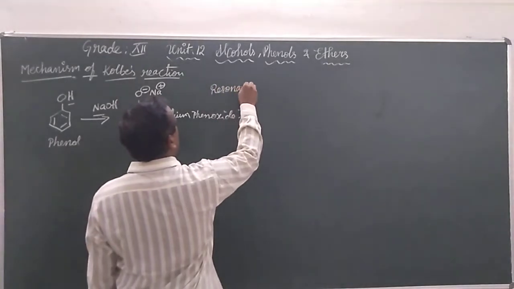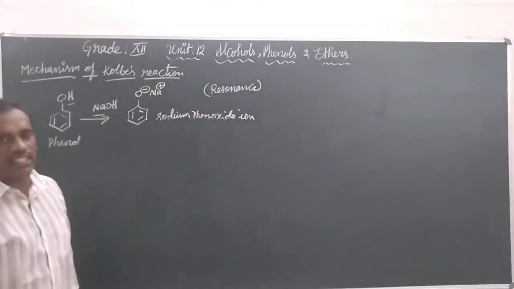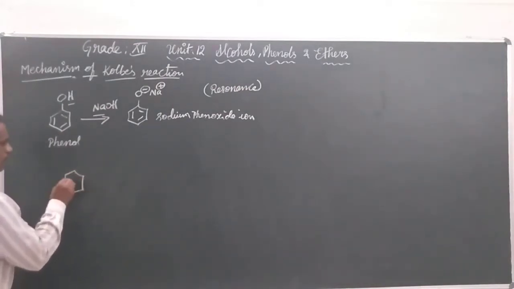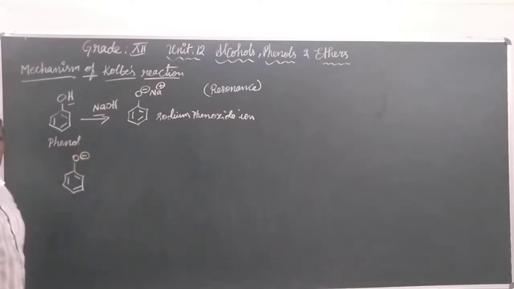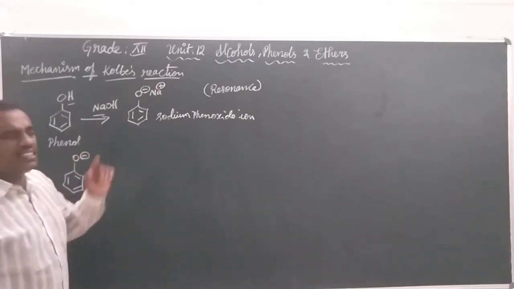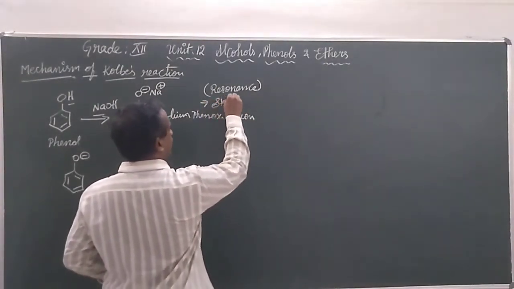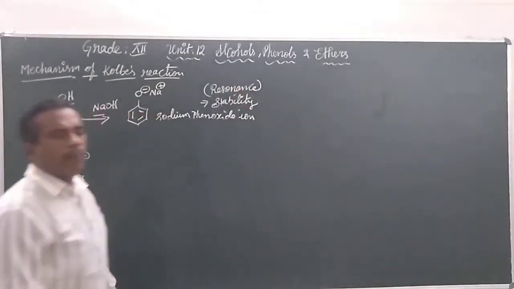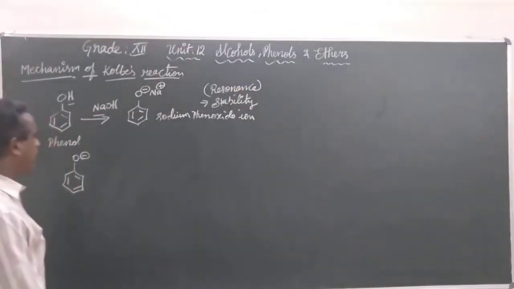Let us see how it is represented in resonating structures. The phenoxide ion can be represented as O minus, and because it is involved in resonance, it has more stability. So we will not use phenol directly, but we will use sodium phenoxide ion, which has more stability here.